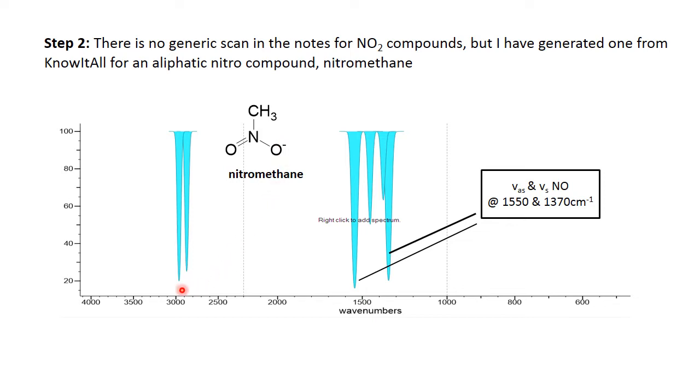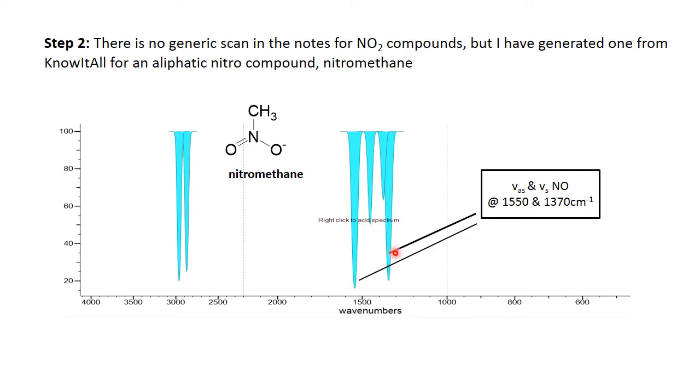First of all, from these 6 peaks, 4 of them actually derive from the methyl group. Just below 3000 we have the asymmetric and symmetric methyl stretches, and then at 1460 and 1380 respectively we have the asymmetric and symmetric methyl bends.